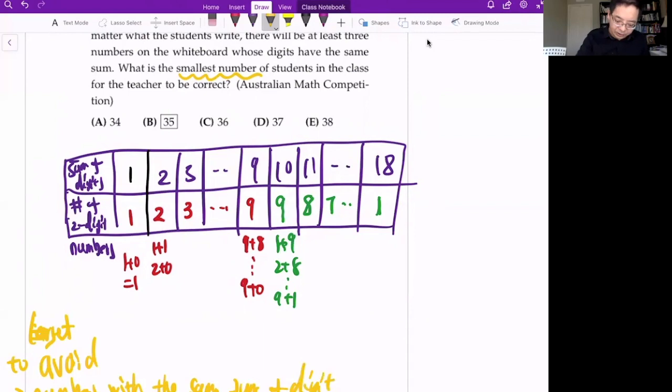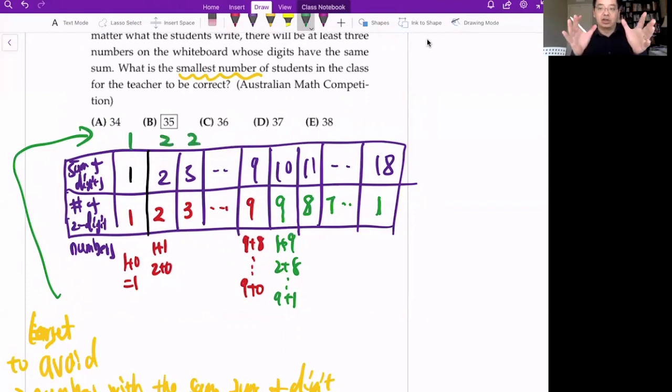Obviously, for the first category, I can choose 1. For the second, I can choose 2, and that's the best I can do to avoid having 3. So it's 2, and all the way it has 2, 2, 2, and the last is 1.